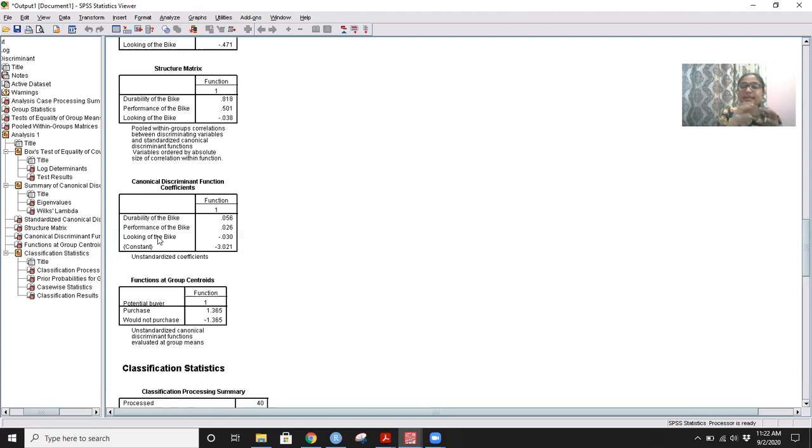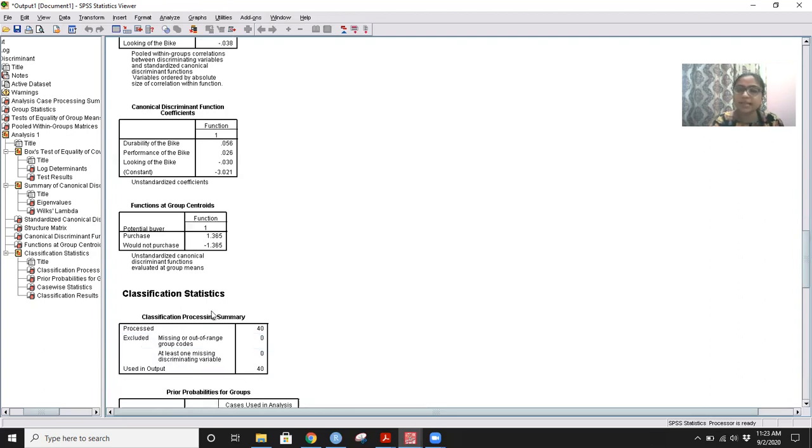This is the discriminant function we have been looking for, and it will become our guiding light in classifying the cases. Once you have this function, you can go about the classification.